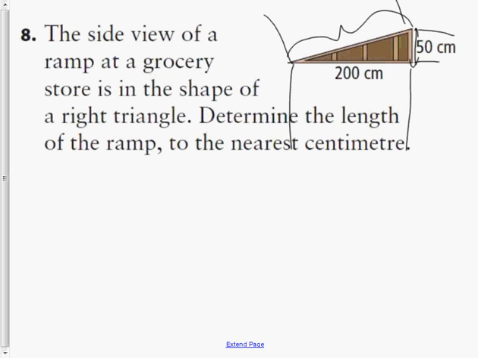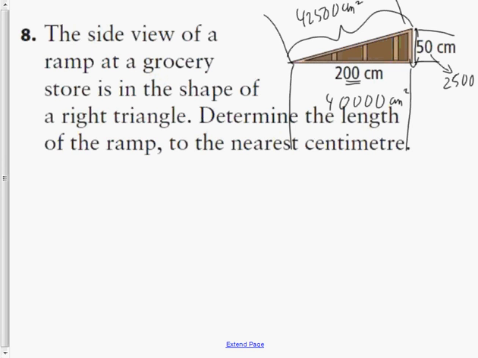The 200 squared is really 2 times 2, which is 4, and you add the zeros as well, which is 40,000. So the area of this square would be 40,000. This one here would be 5 times 5, which is 25, plus 2 zeros, which is 2,500. The sum of those two is going to be 42,500 centimeters squared, which would be the area of that square attached to the ramp itself.